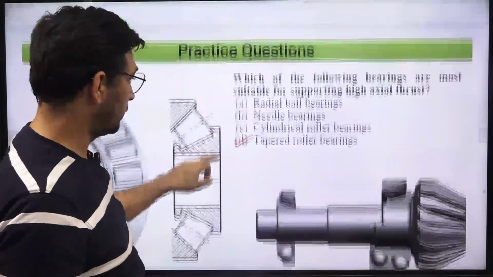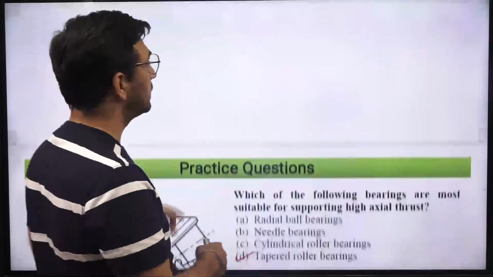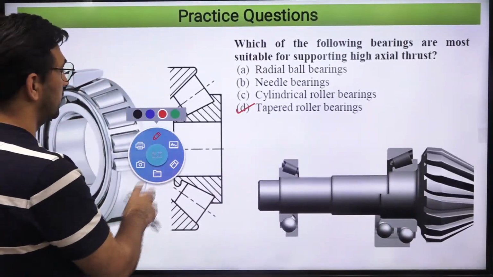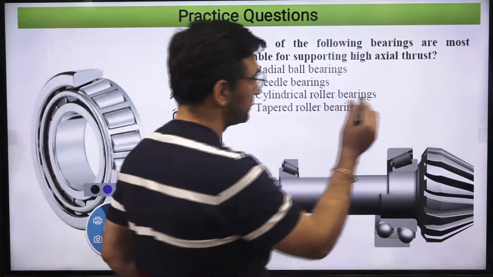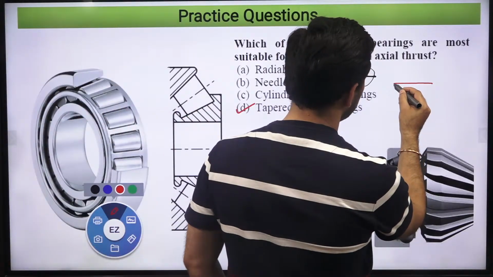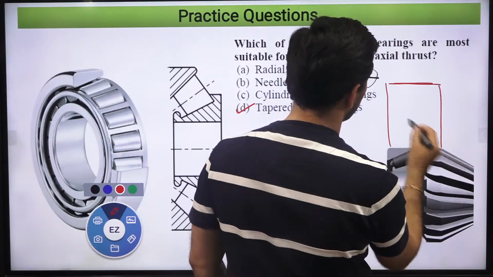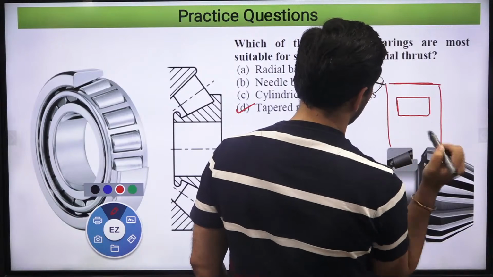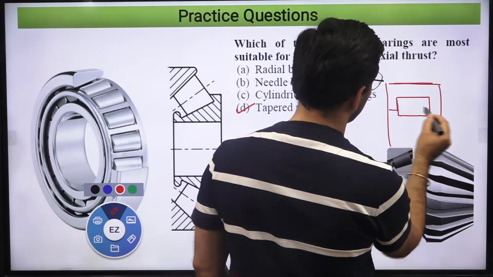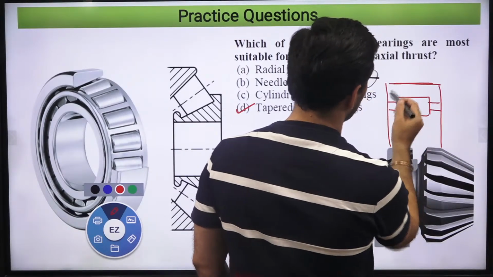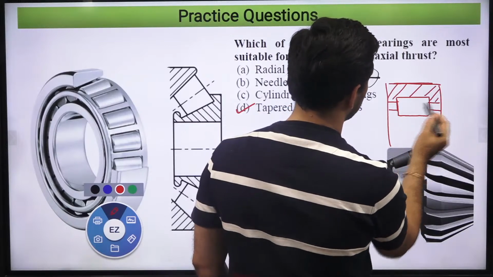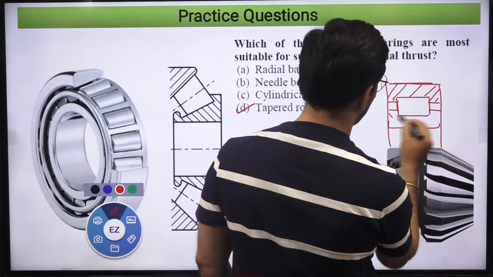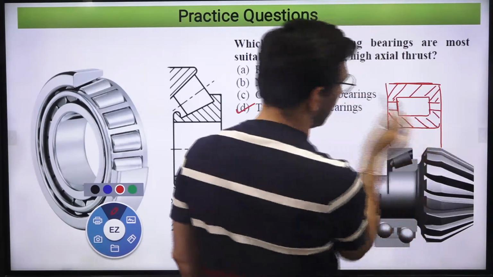If you see the configuration, let's say I'm showing the half cross section. So this is the outer ring, and this one is the inner ring, and this is a roller.